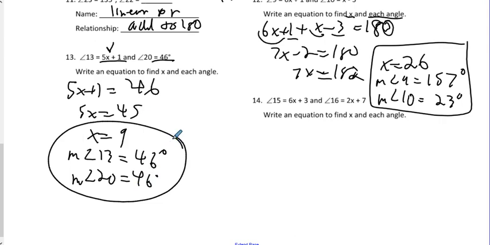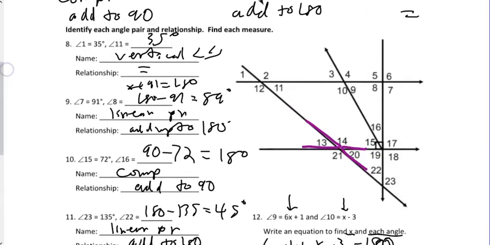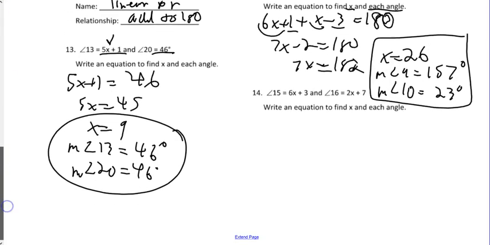And last but not least, angle 15 and 16. Let's find out where they are on the drawing. So angle 15 is right here. Angle 16 is right here. And again, they form a right angle. They're complementary. They add up to 90.